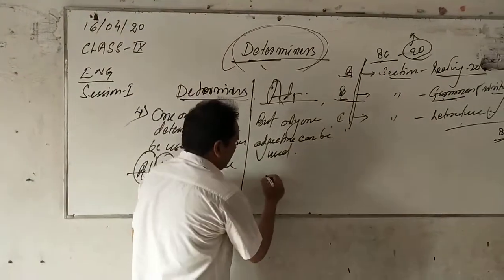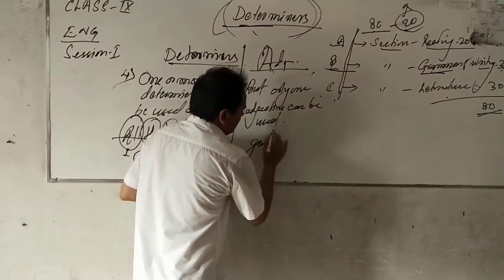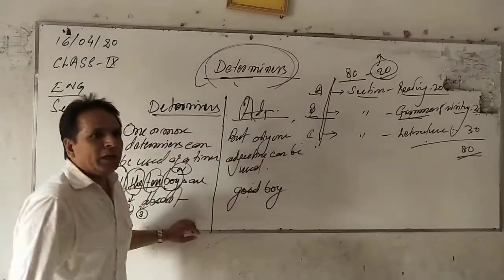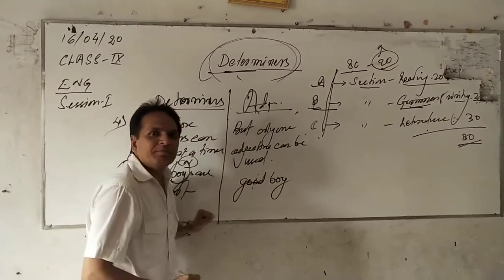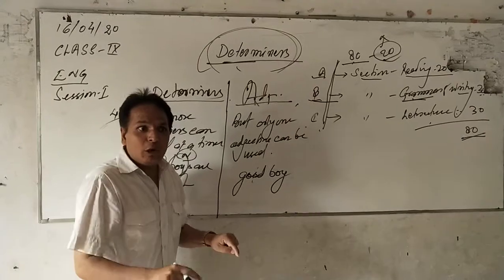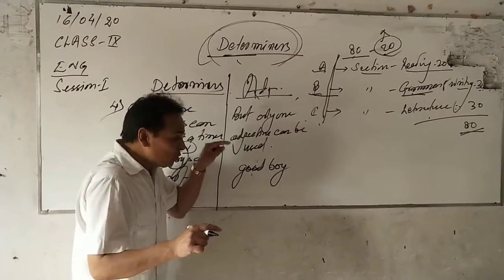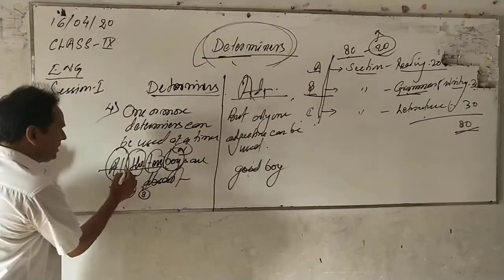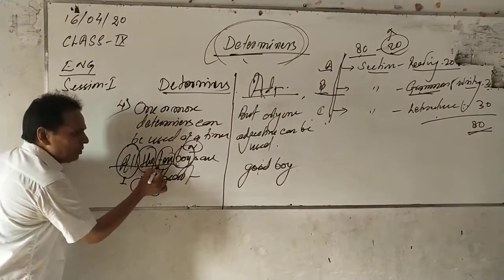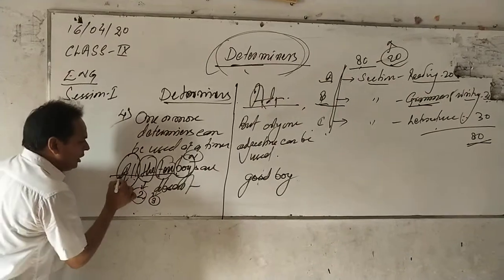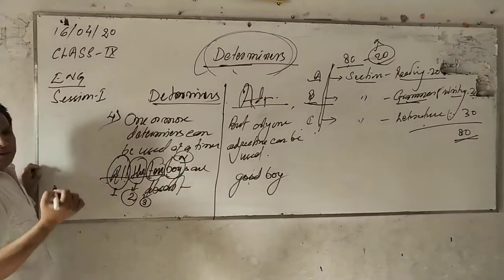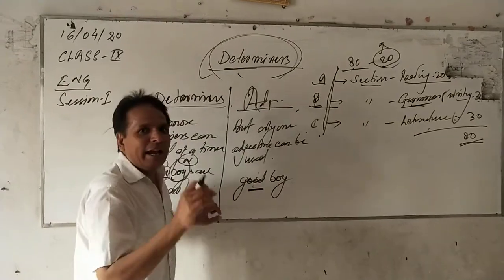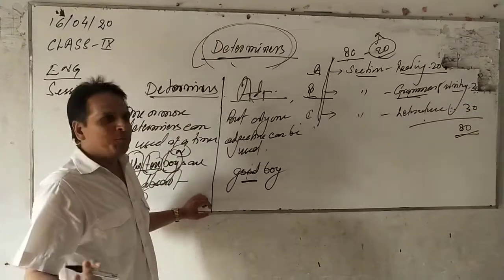But we can write only good boy. We cannot write the good smart boy. Here you can see without any comma, without any connector, three determiners are together. But here only one adjective is entitled to come before the noun.